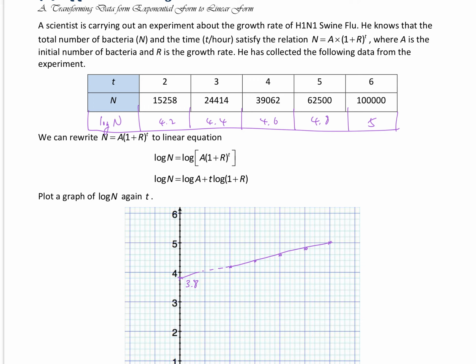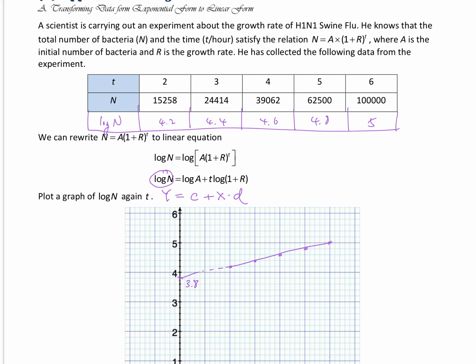According to this form, this is our new y-axis, and it is equal to something plus x times another constant, maybe you can call it d. Can you recognize this as y equals mx plus c? So I know the y-intercept is equal to log a and the slope is equal to log (1 plus r).